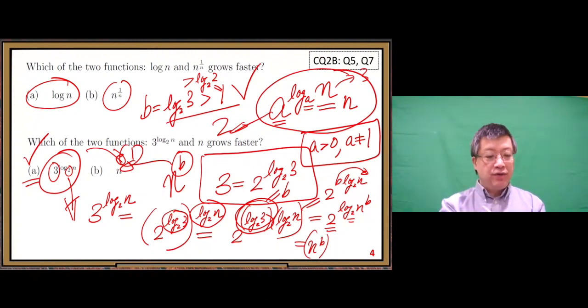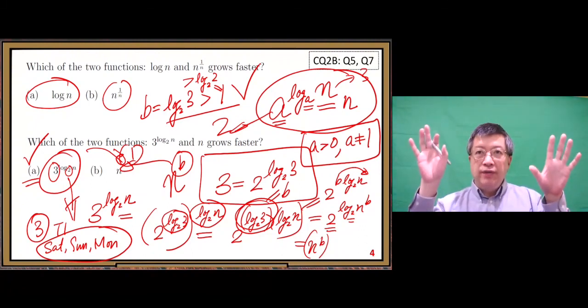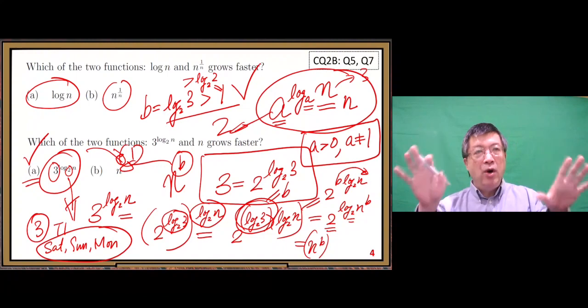I plan to give you 3 days for your test 1: Saturday, Sunday, Monday, at the end of this month, about 2 weeks from today. All right, so we finish this part, E.1.